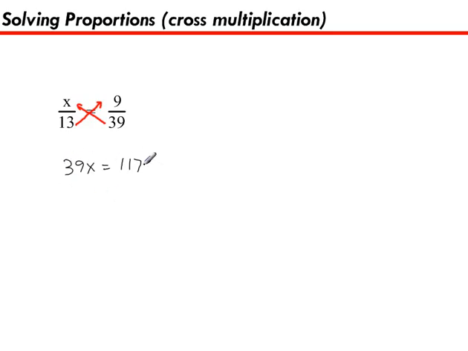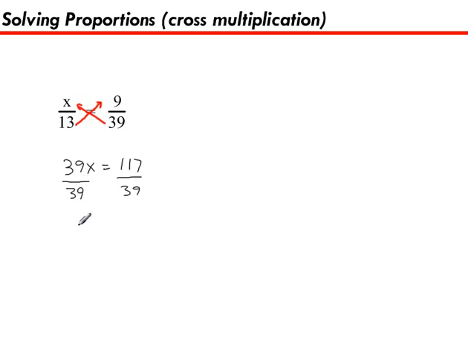Then this should start to look a bit more familiar to you. I need to isolate x, and there's a 39 multiplying it. And the opposite of multiplication, well, that's division. So I'm going to divide both sides by the number touching the x, which is 39. 39 divided by 39 creates a 1 in front of the x.